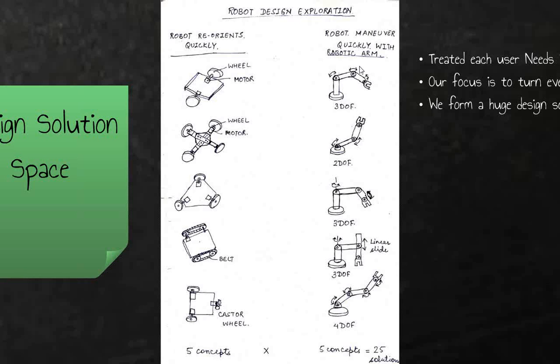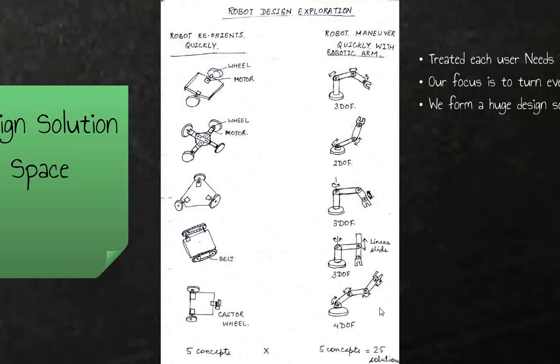So we have a 3 degrees of freedom robotic arm, a 2 degrees of freedom robotic arm. Even in 3 degrees of freedom, we have various alternatives. Like over here, the base is rotating about its own axis. Earlier, it was not rotating about its axis. A 3 degree of freedom robotic arm may also have a linear slide, or a 4 degrees of freedom robotic arm.